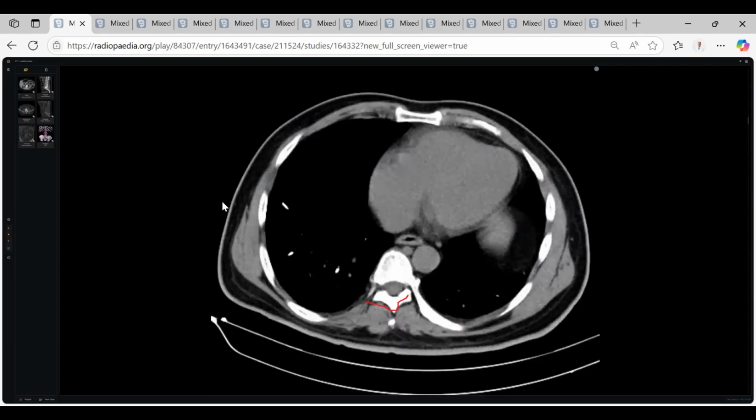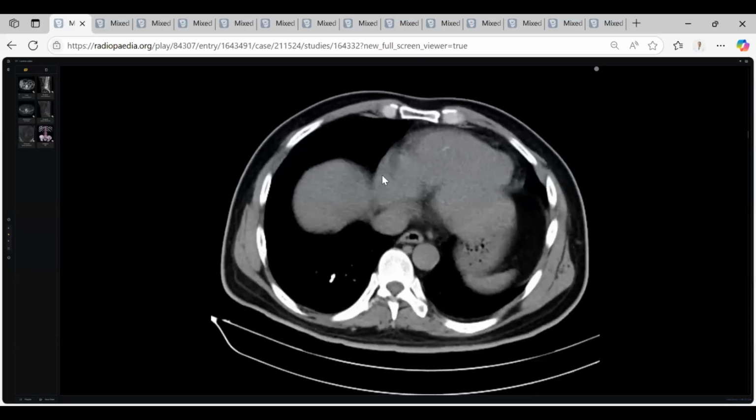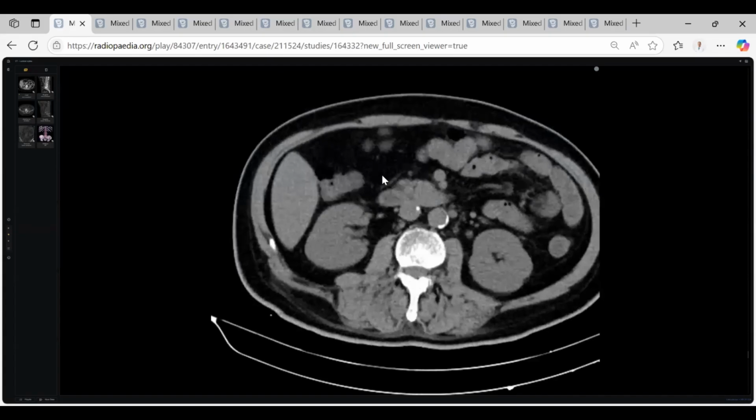So, any thrombus or pulmonary embolism which may only involve the right side of the pulmonary artery.